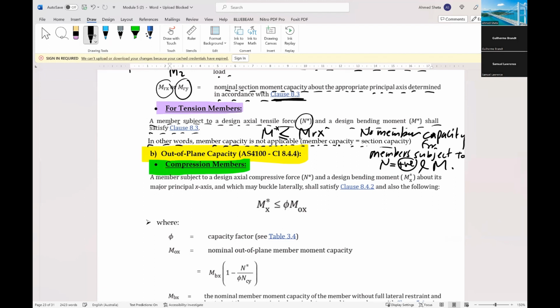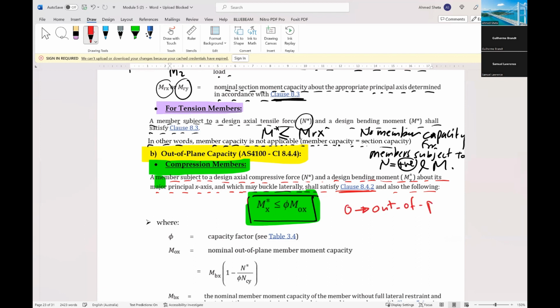For compression member, a member subjected to design axial N star and design bending MX about its major principal axis, X axis, which may buckle laterally, shall satisfy 8.4.2 and also the following. MX star should be less than or equal to phi MOX, where O is the indication of out of plane.